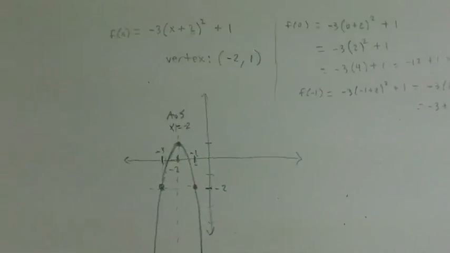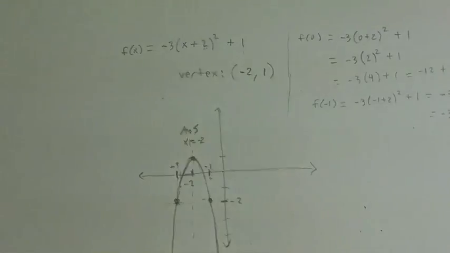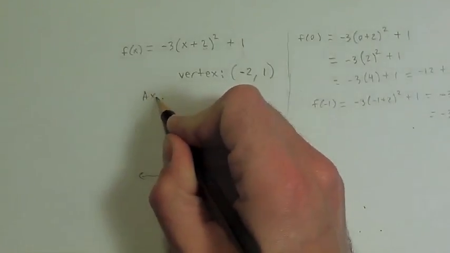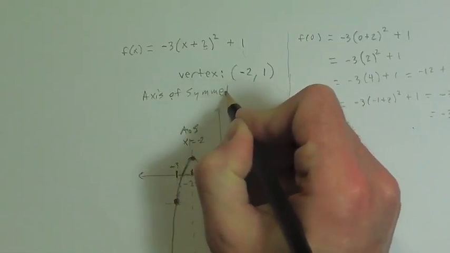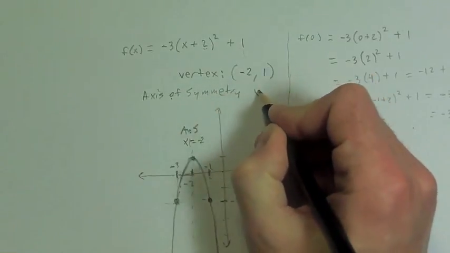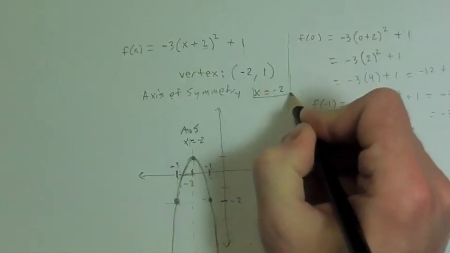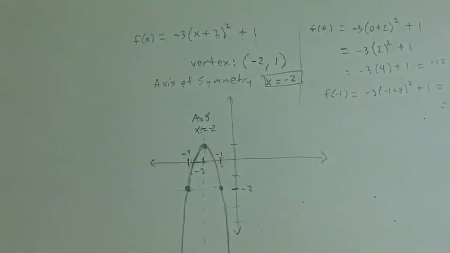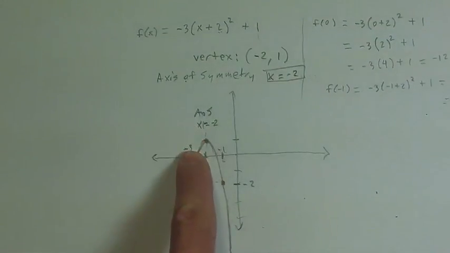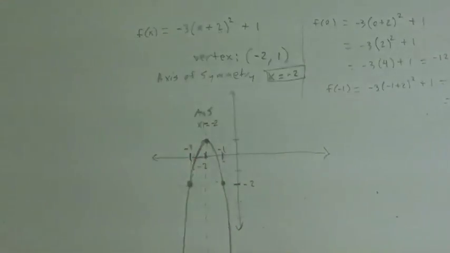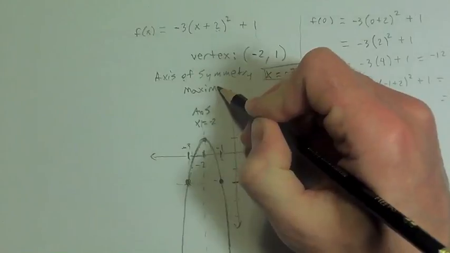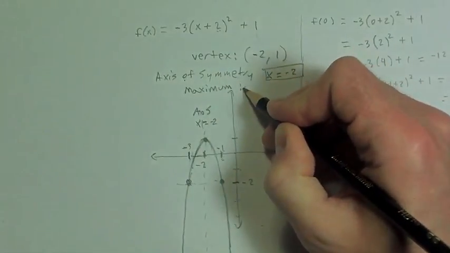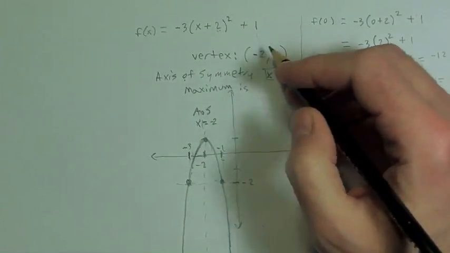Okay, so the vertex is -2, the axis of symmetry is x equals -2. Okay, this is a maximum, so the maximum is this point.